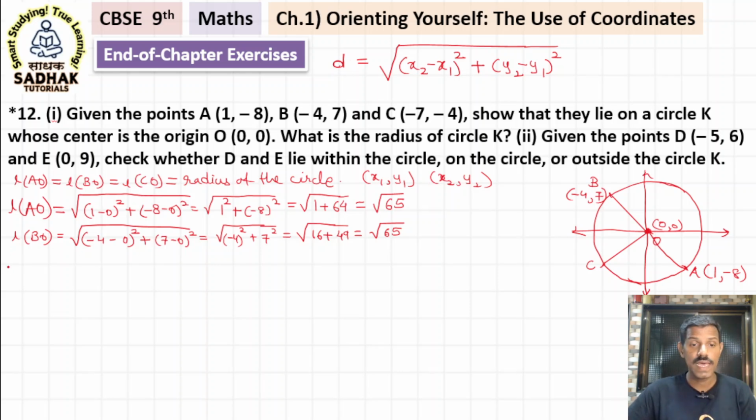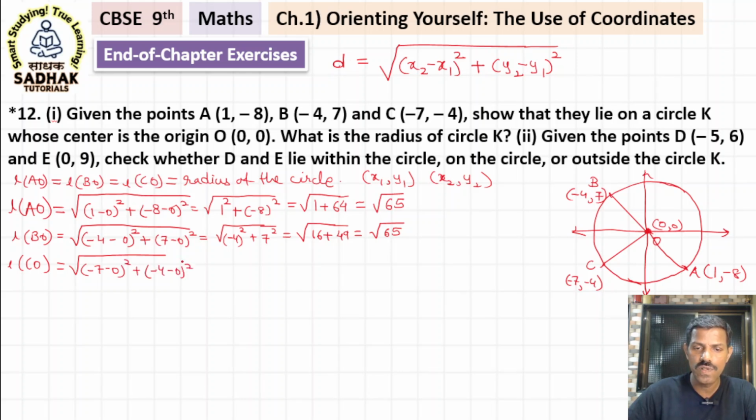Then the length of CO. The coordinates of C are -7 and -4. So let us quickly solve this. (-7 minus 0) the whole square plus (-4 minus 0) the whole square.